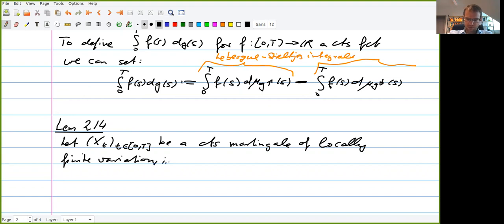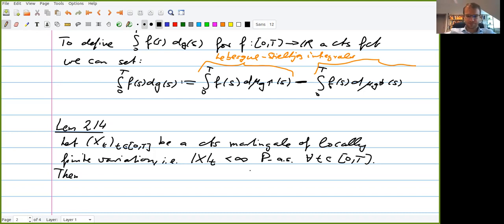What this means is that the variation process of x at time t is almost surely finite for all t in the interval 0 to t. Then I know that it's almost surely constant.